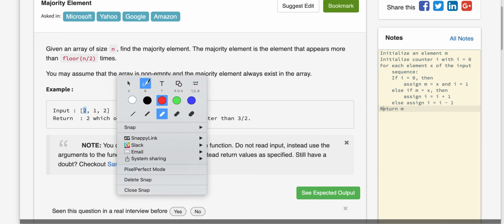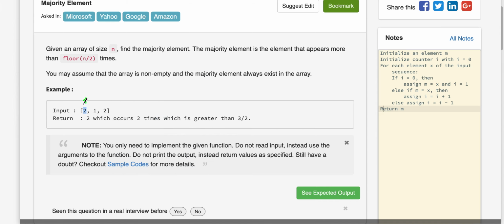I have 1 for 2, and 1 for 1, and 2 for 2, so in total I have 3. We'll divide it by 2 and get 1, which is kind of weird, because in that case it's bigger than the majority. So let's assume it means more than 1. So we got 2 out of 2, but we want to do it well.